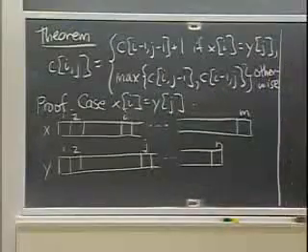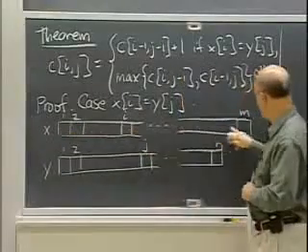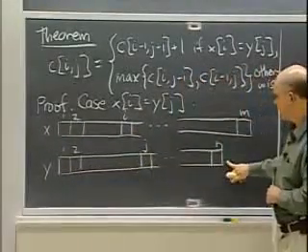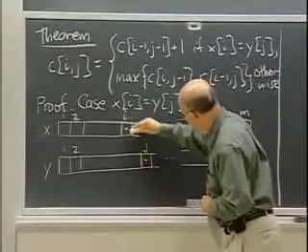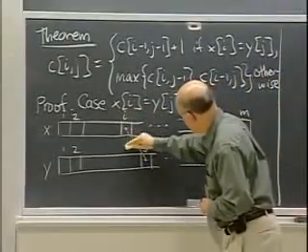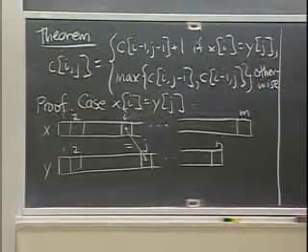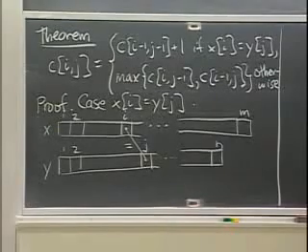So here's my sequence x, which I'm drawing as this elongated box, sequence y, and I'm saying that x of i and y of j, those are equal.